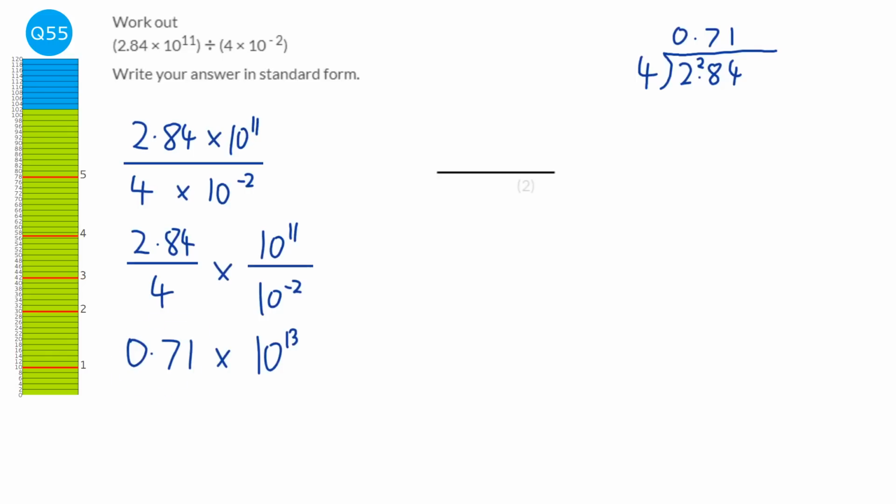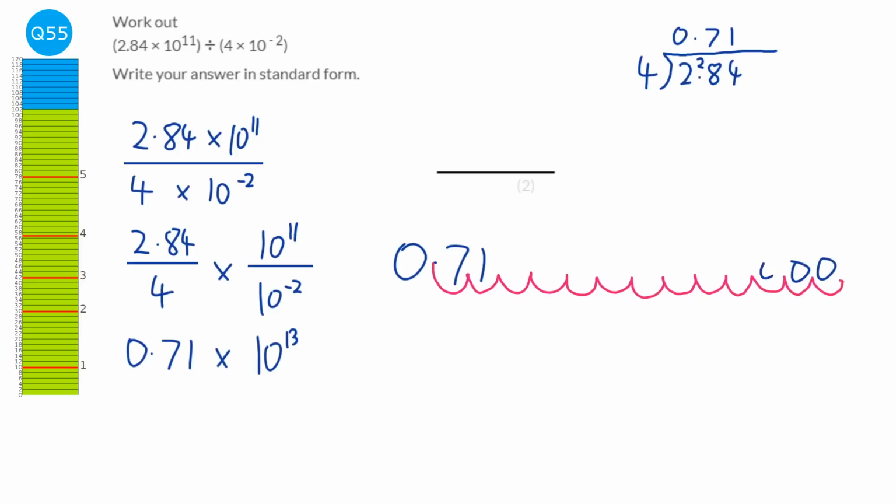so we need to convert this into standard form. So what we can do is just write the number out again. So I'm going to write this as an actual number. So it's 10 to the power of 13, so it would be 1, 2, 3, 4, 5, 6, 7, 8, 9, 10, 11, 12, 13. Fill in the zeros.